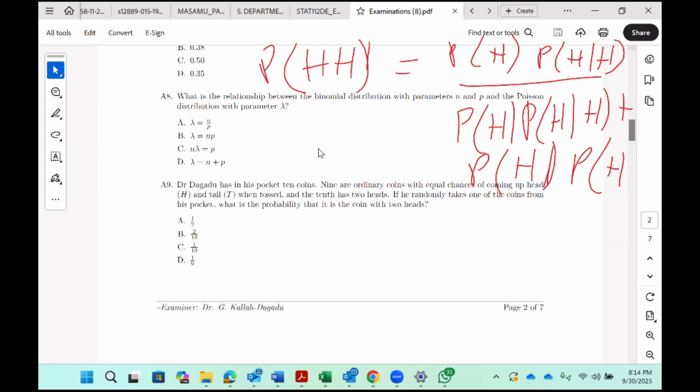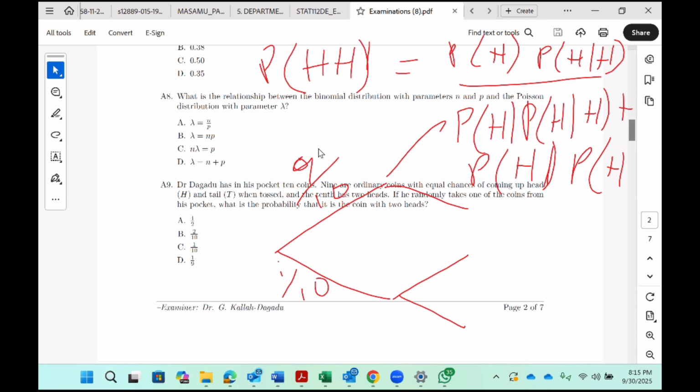So we are getting 1. So this is 0.9 over 10. Then here we have what? 1 over 10.